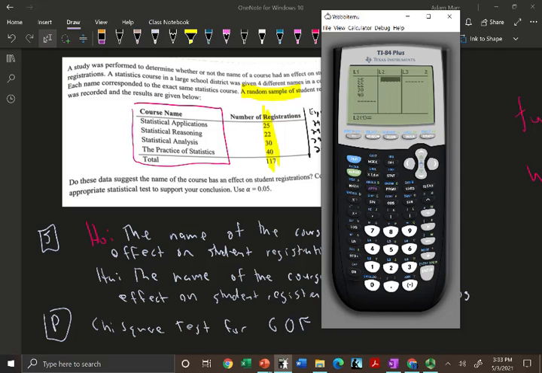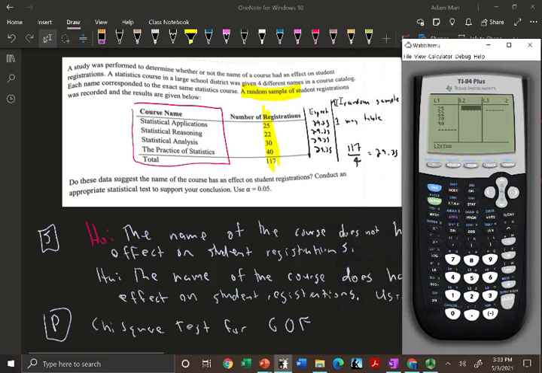And L2 is our expected, which I already entered in there. That's why it's nice to put the expected right next to it so you don't mess up. And that's just all 29.25. Okay, so we have everything right there.